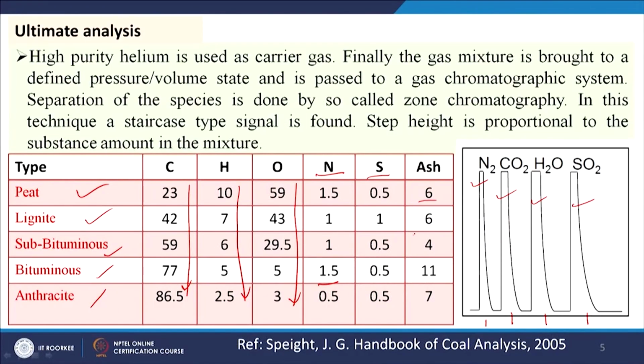These small changes may be because of the limit of analysis, the instrument error limit. Here we see ash content also does not have any specific trend, because it depends upon external factors and the handling of the material.